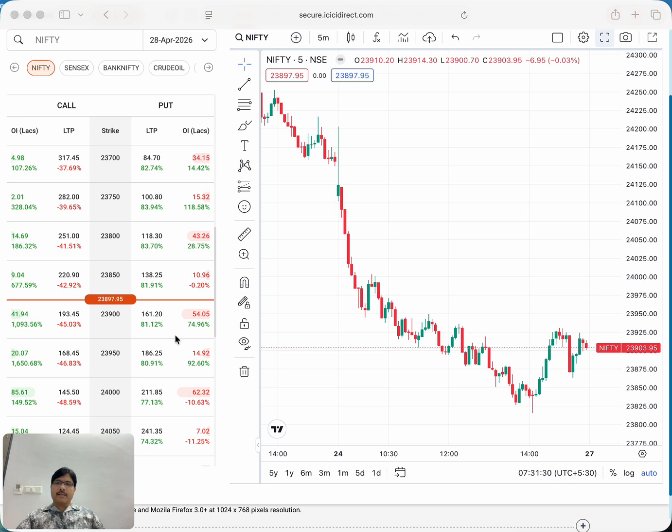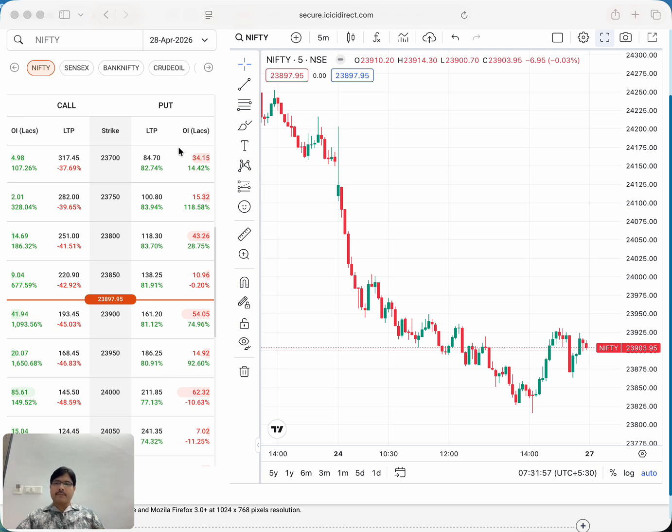If you come to the put side, if we go above this spot price, on the put side this is called out of the money. Below this we call it in the money. So for the put side, the bottom side is in the money, above is out of the money. Whenever I say out of the money, it is better to take the premium for sellers, and in the money is better for buyers.